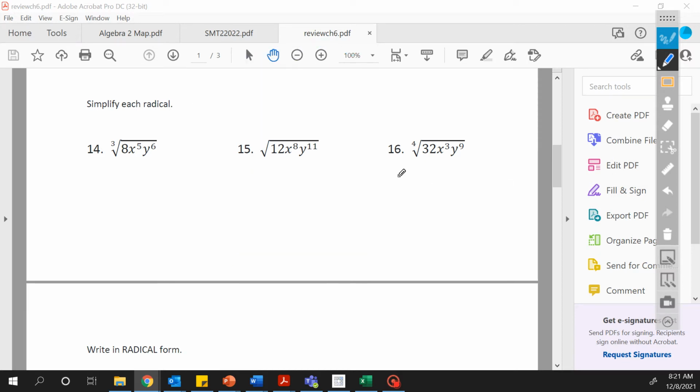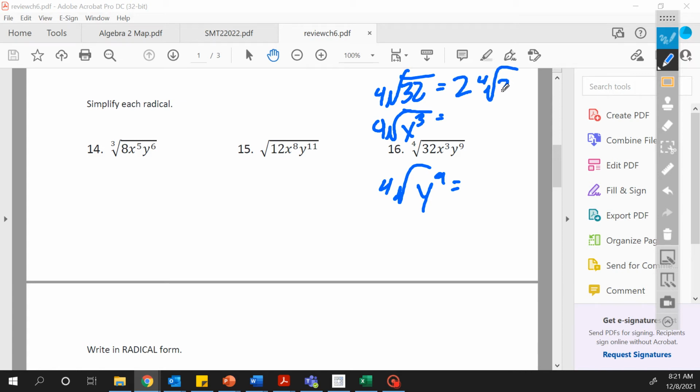Number 16, so we have the 4th root of 32, the 4th root of x to the 3rd, and the 4th root of y to the 9th. 32 is made up of 5 factors of 2. So 4 factors of 2 can come out, but there's still 1 that's left underneath.